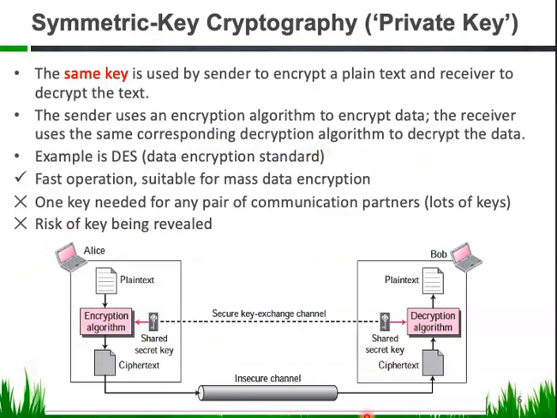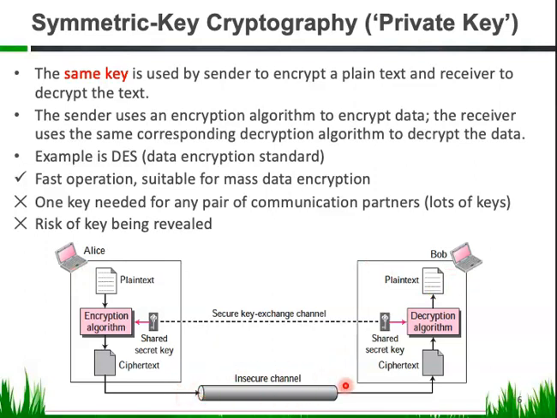If we look at this example, Alice wants to send a message to another entity, which is Bob, over an insecure channel.